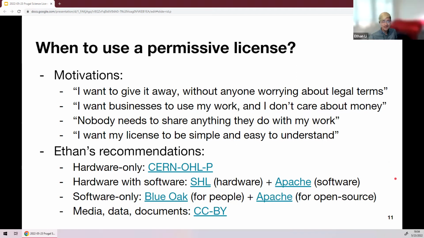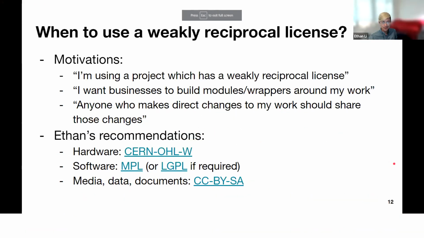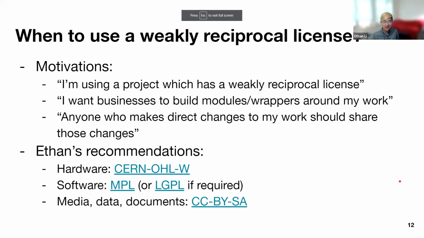So that's permissive licenses. Next, I'll talk about weakly reciprocal licenses. This is a category of reciprocal licenses which requires people to share work that they make off of your work in certain conditions, but not all of them. So you would need to use this if you're using a project which has the same kind of license and you're building off of their work in certain conditions.